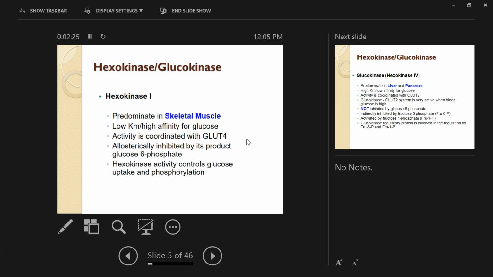So the hexokinase usually works together with GLUT4, right, and regulates glucose uptake and oxidation through the glycolysis. And this enzyme can be regulated by glucose 6-phosphate, right? Basically, it is inhibited by glucose 6-phosphate, right?